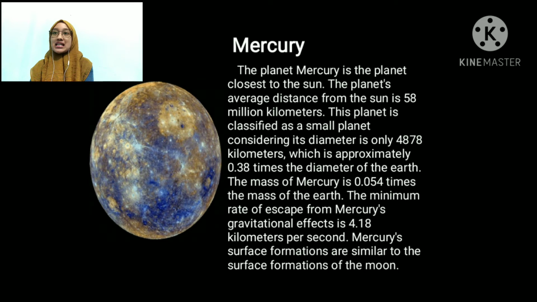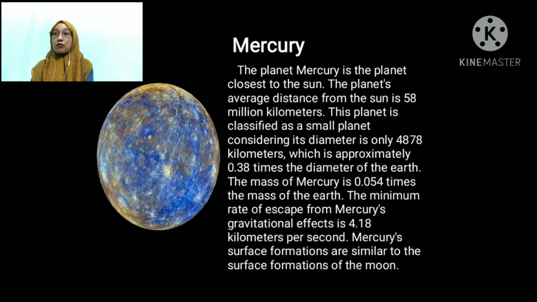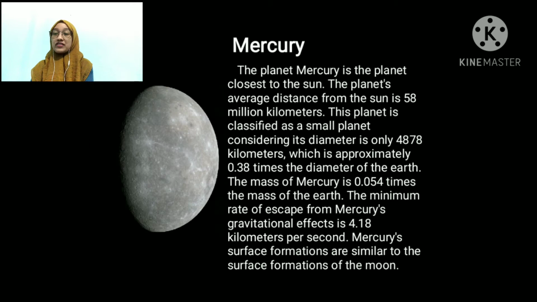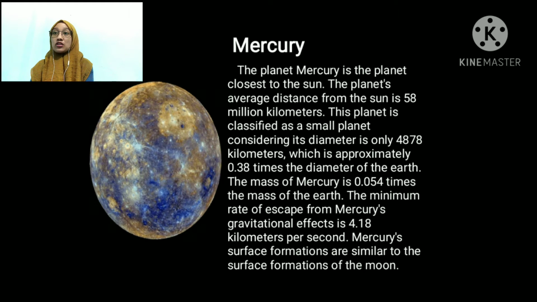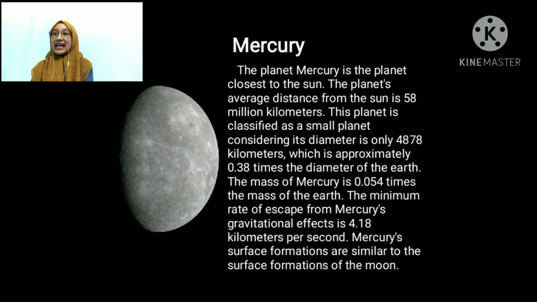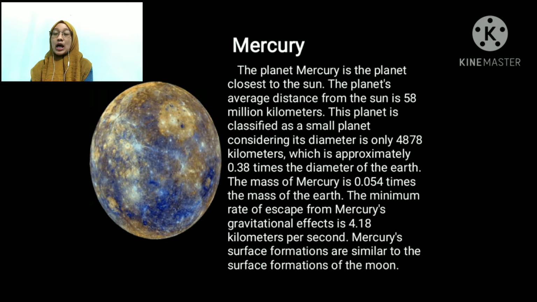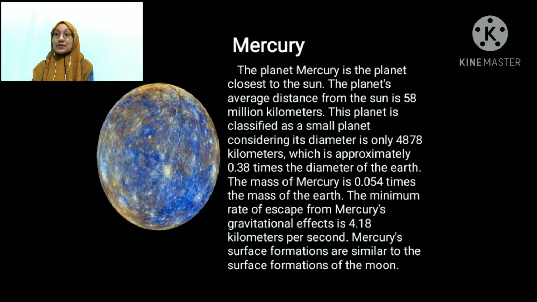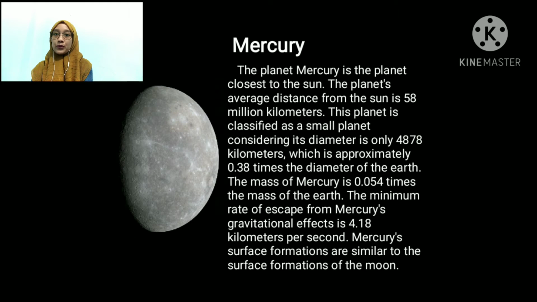The mass of Mercury is 0.054 times the mass of the Earth. The minimum speed to escape Mercury's gravitational effect is 4.18 kilometers per second. Mercury's surface formation is similar to the surface formation of the Moon.